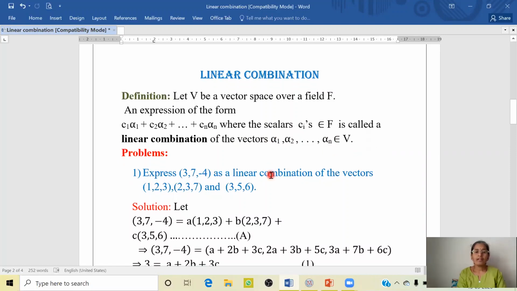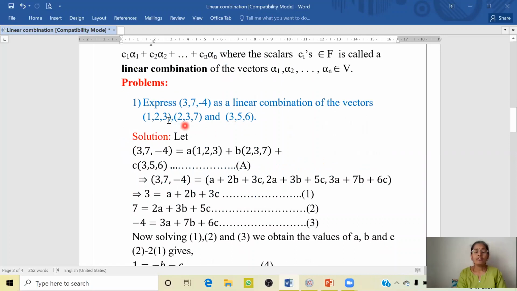So let us go directly to the problems. The problems are of the form: express 3, 7, minus 4 as a linear combination of the vectors 1, 2, 3, 2, 3, 7 and 3, 5, 6.